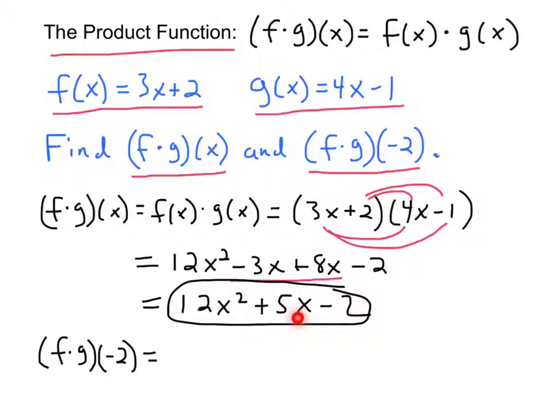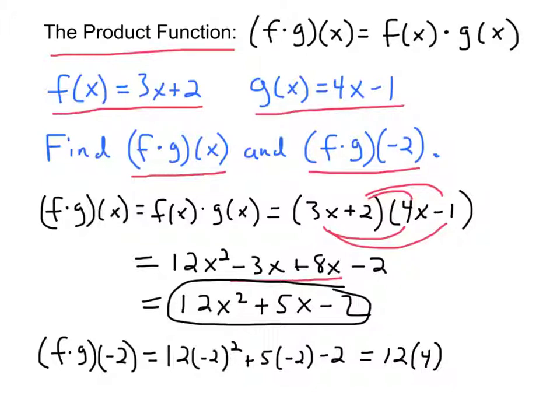in that answer. And so that would equal 12 times negative 2 squared plus 5 times negative 2 minus 2. So that would equal 12 times 4, because negative 2 squared equals 4.